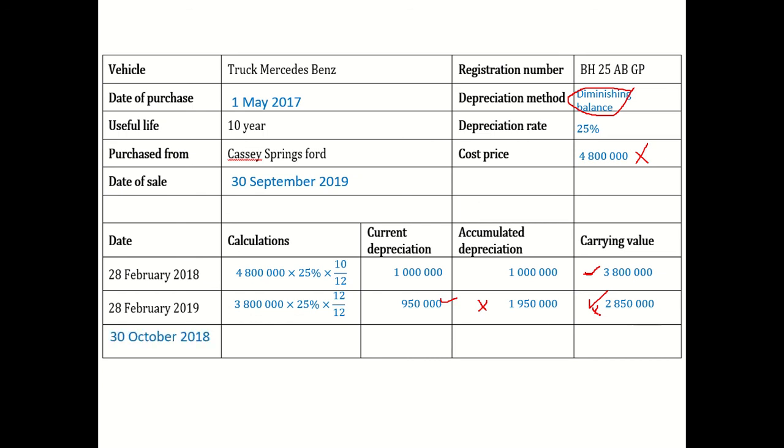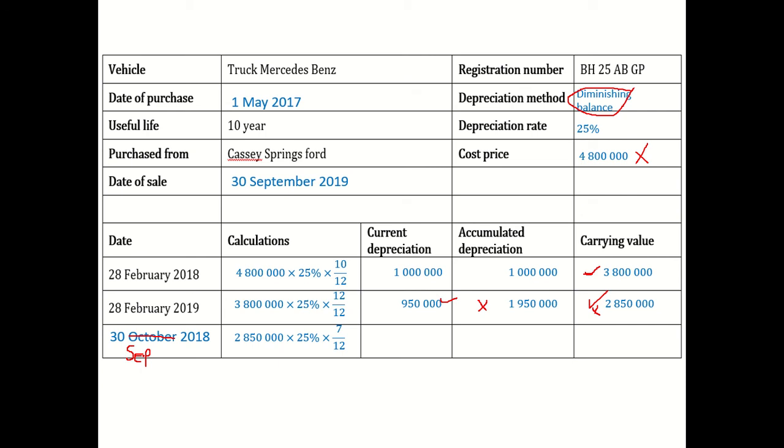And then we're going to have on the 30th of October 2018, actually in this case it's supposed to be September. September 2018, we sold this vehicle, guys, okay?